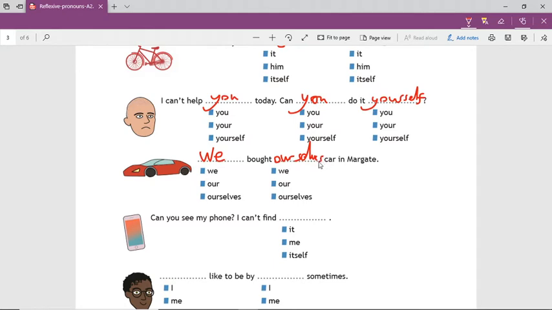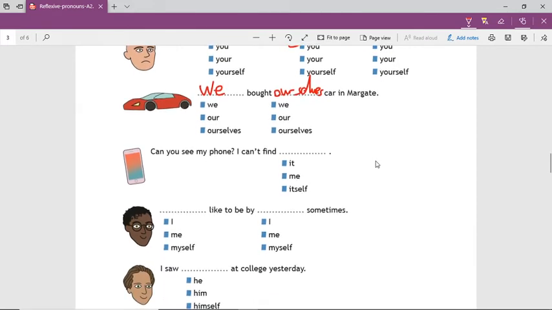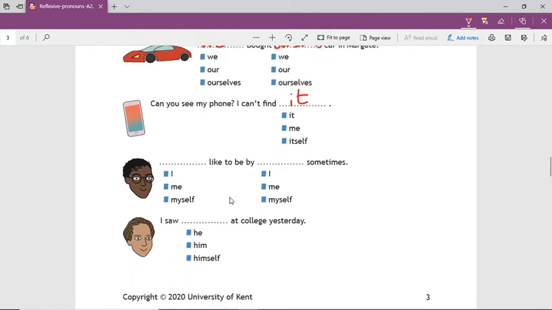And Margate is a place, just to clarify that. It's not, for example, talking about a market gate or a market. So Margate is a place in the south of England. Can you see my phone? I can't find it, and the answer is going to be it, because it's just talking about a singular object here.